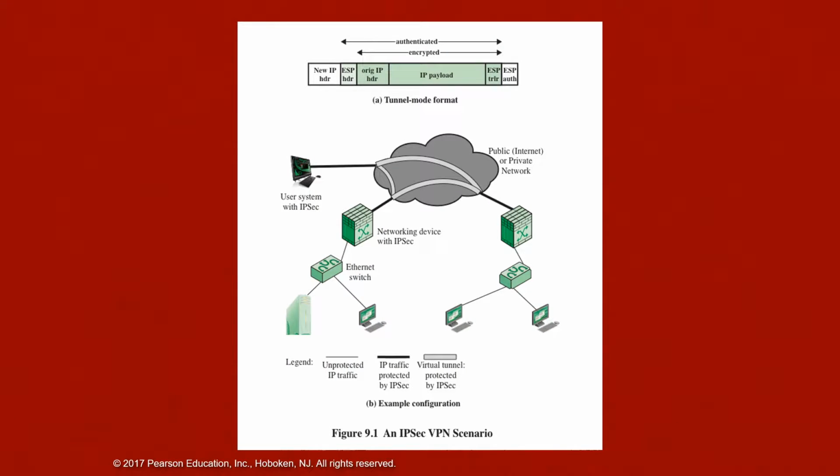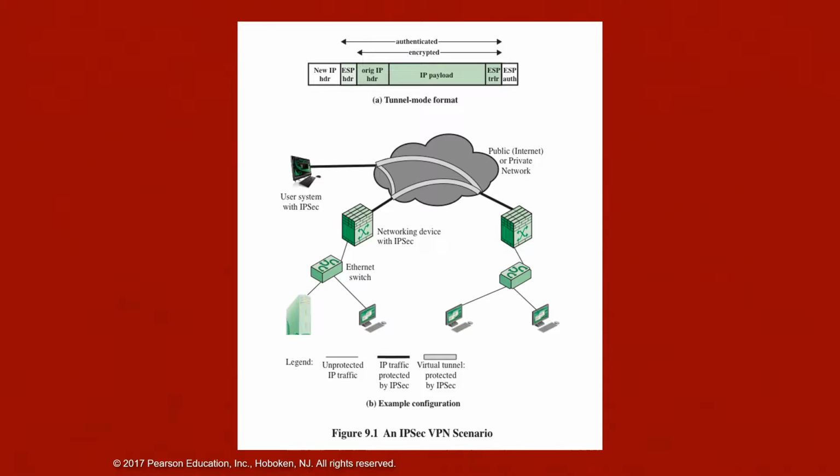An IPsec VPN scenario. The figure shows a simplified packet format for an IPsec option known as tunnel mode, described subsequently. Tunnel mode makes use of an IPsec function, a combined authentication encryption function called encapsulating security payload, ESP, and a key exchange function.